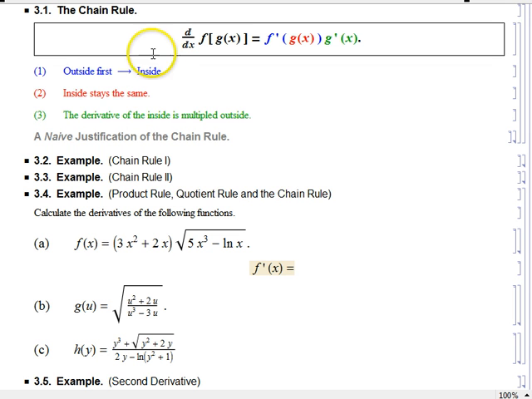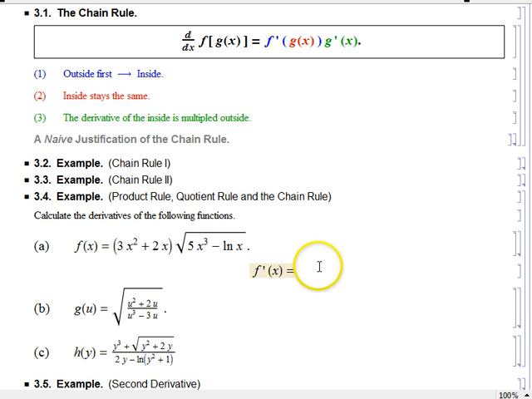The chain rule started kind of like this, outside first and move inside, but that doesn't apply just to chain rule. Actually, it applies to every derivative problem. Here, the outer structure is product rule, this function times that function. So outside in this case means product rule and then chain rule.